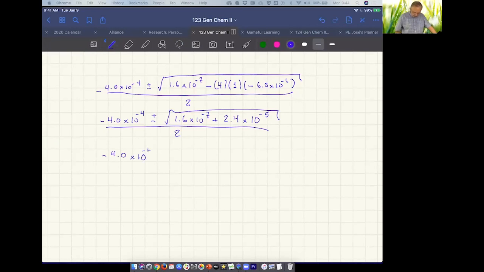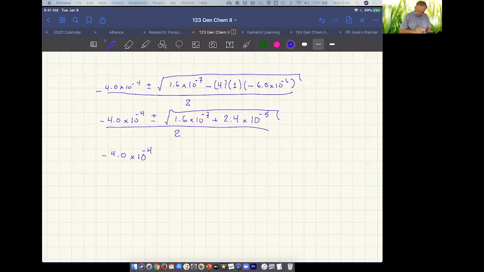Now I can use my calculator to add those two numbers and take the square root. So let's clear it, and I'm going to say 1.6 times 10 to the negative 7 plus 2.4 times 10 to the negative 5. Yep, so we have 2.416 times 10 to the negative 5, and we're going to take the square root of that.